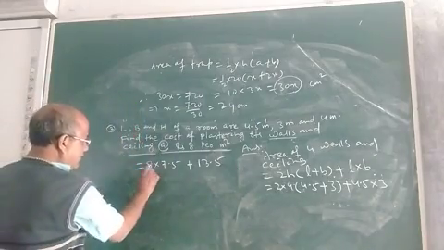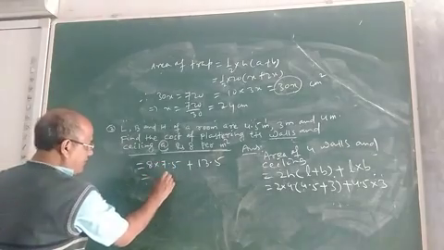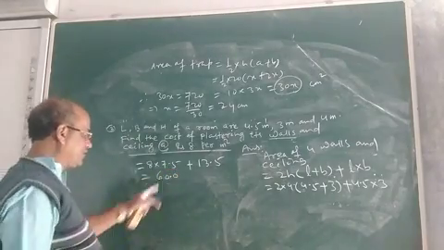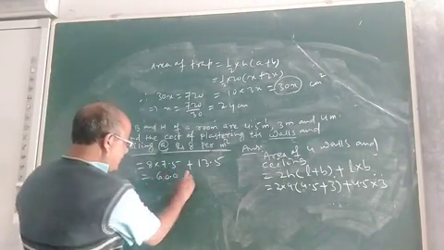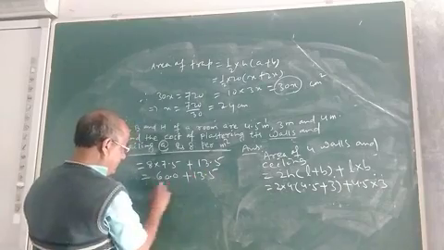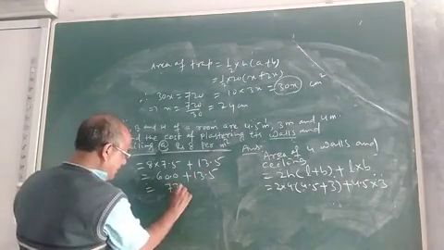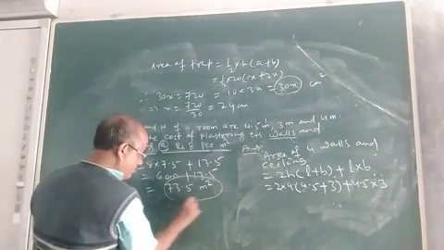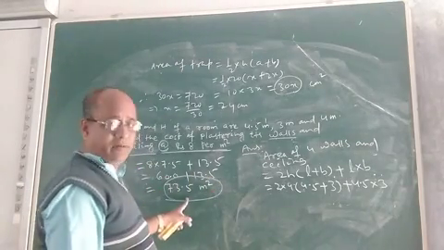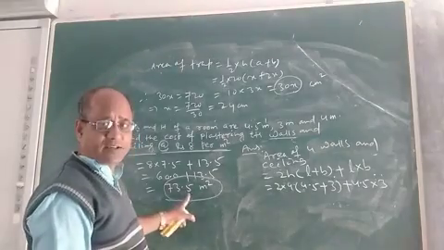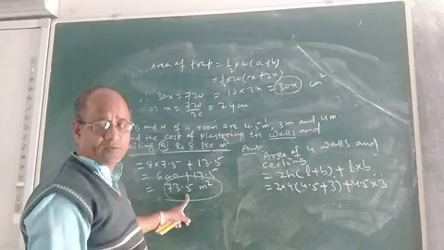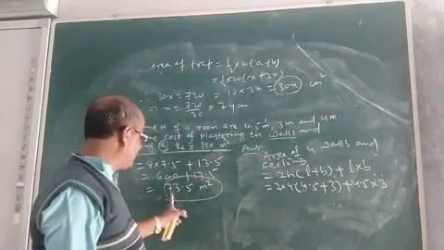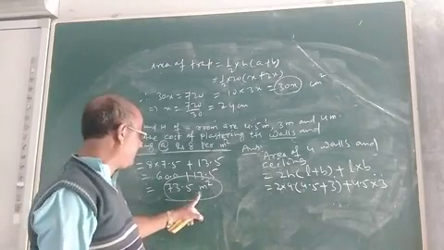Now 8 into 7.5 is 60.0, plus 13.5. This will be 73.5 meters square. That means this much area is to be plastered. By plastering the 4 walls and the ceiling, one has to plaster this much area, that is 73.5 meter square.